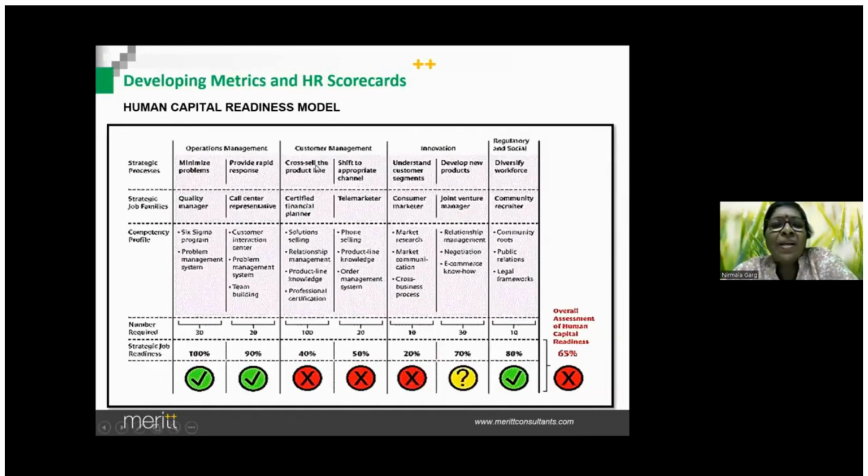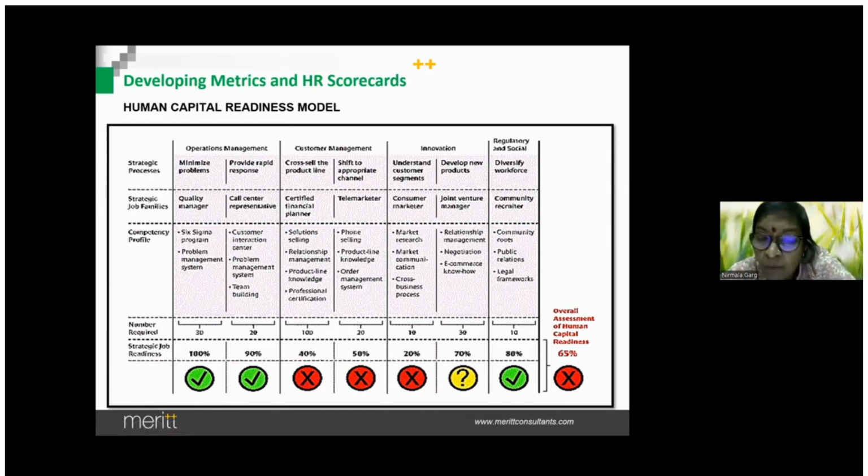Under customer management, it has certified financial planners and telemarketers. Under innovation, it has consumer marketers and joint venture managers, and under regulatory, community recruiters. These are the various roles or job positions under these families.